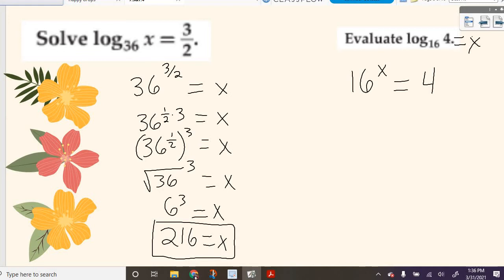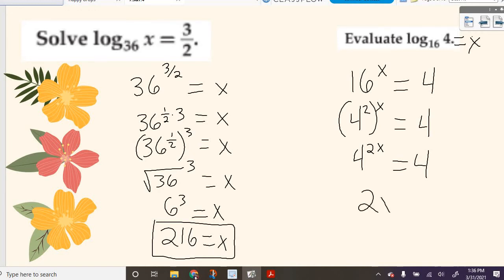So in this case, I have a 4 and I have a 16. And hopefully we can see that 16 is going to be 4 squared. When we raise a power to another power, we multiply. So we end up with 4 to the 2x equals just 4. Well, it might be a little bit hard to see because now I have my bases the same. And we know we have a 2x.